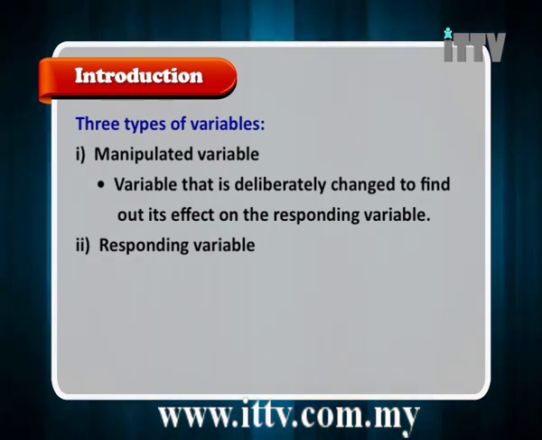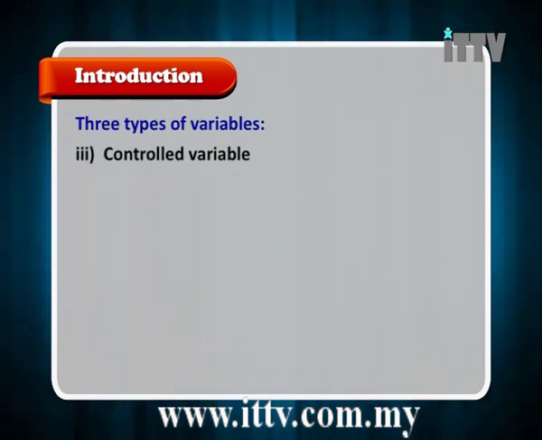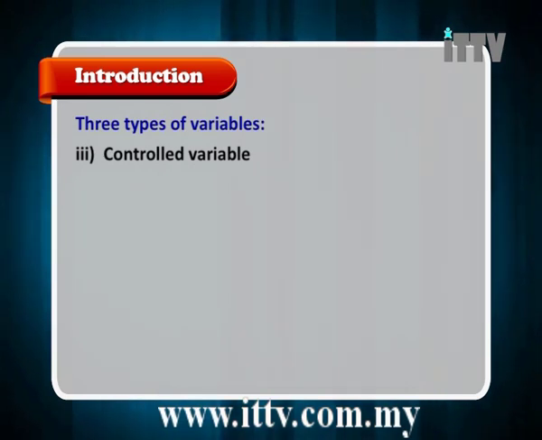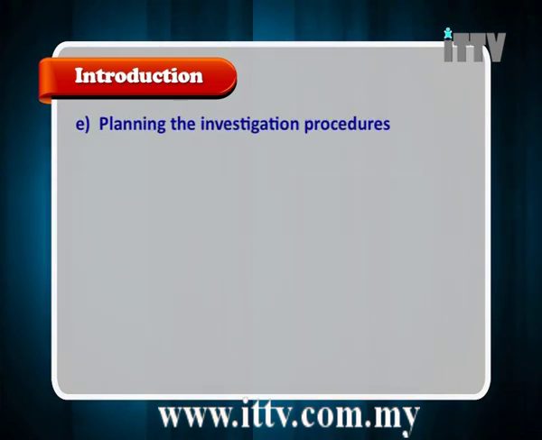Responding variable. Factor that changes due to the change in the manipulated variable. 3. Controlled variable. Factors that are fixed so that the effects recorded are due to the manipulated variable.